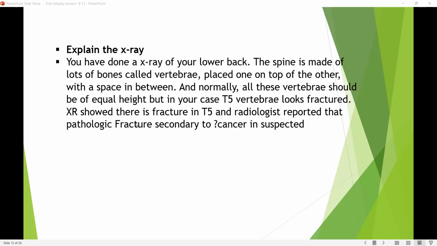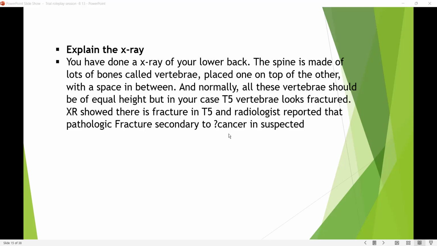Now X-ray, because the X-ray report is already given, you can explain, look, Elizabeth, we have done an X-ray, and that X-ray is showing your spine. Do you know that the spine is made of lots of bones? We call them vertebrae, and the vertebrae are placed one on top of the other, and in between there is a space.